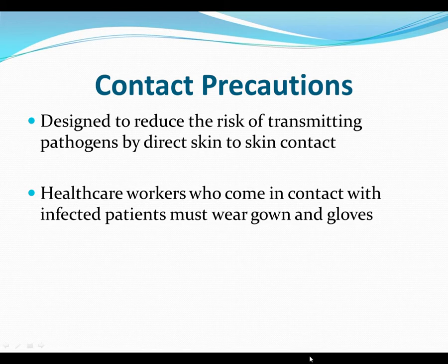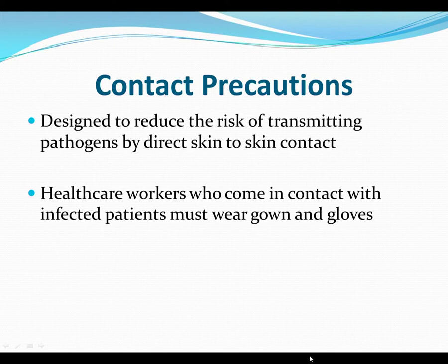So we as healthcare workers, if someone is on contact precautions, we need to make sure that we wear gloves and a gown and possibly a mask. Sometimes these patients should be housed in a private room with another patient who is infected with the same disease, or they should be in an isolated room by themselves.